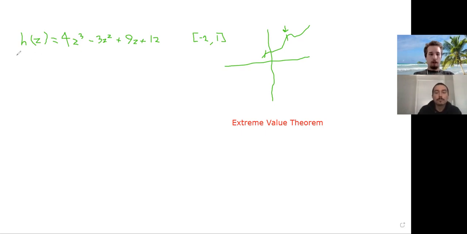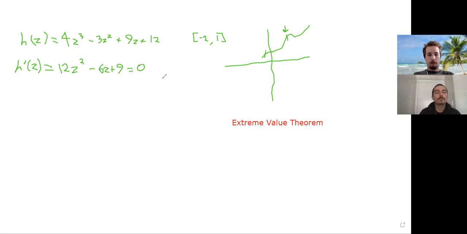Okay, so when we take the derivative first to find any critical points, look for any local maxes or mins, we take the derivative, and derivative of 4z cubed will be 12z squared. Derivative of 3z squared is going to be 6z. Derivative of 9z is 9. Okay, and so we have to find the critical points, which means we have to determine when the slope's equal to 0.